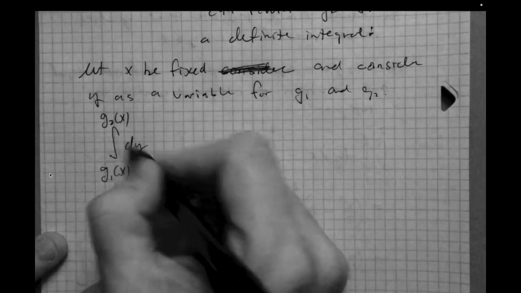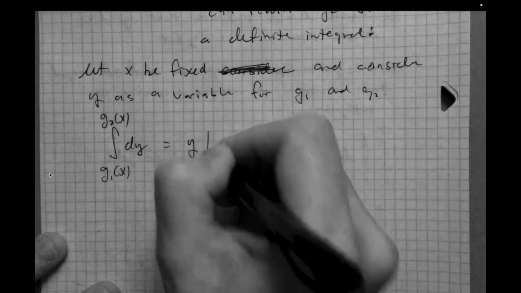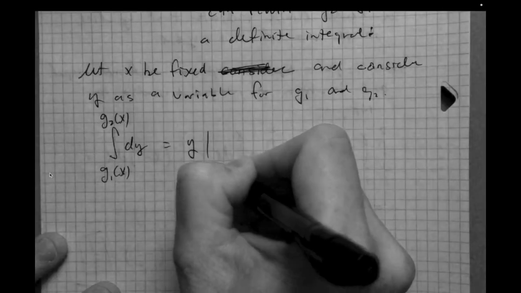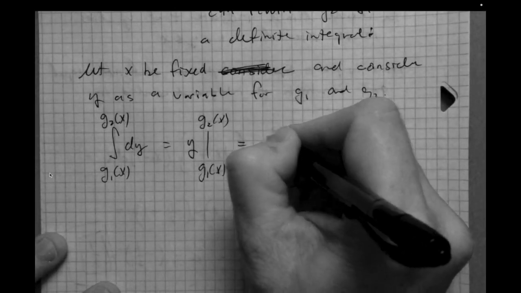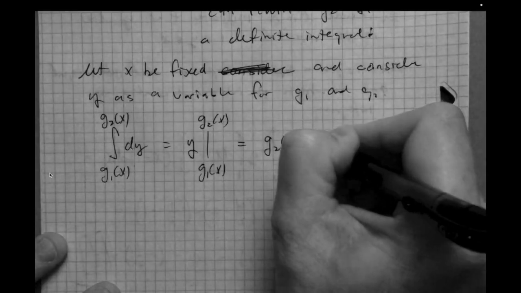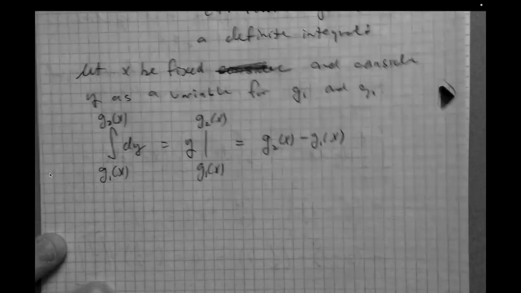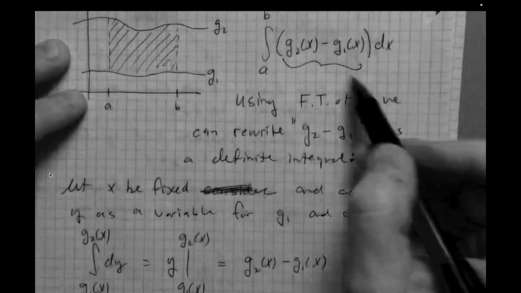If I integrate just dy, I get y, going from g1 up to g2, and that is obviously equal to g2 of x minus g1 of x, which is the thing we're interested in rewriting.